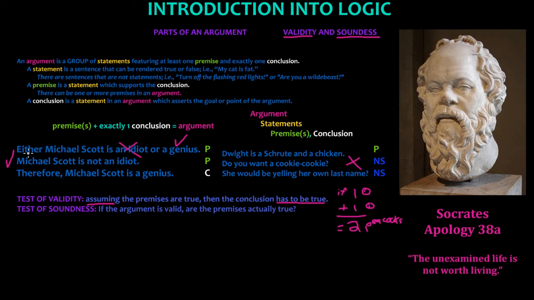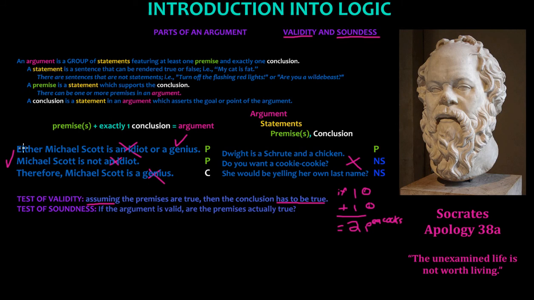So we're okay at this point. The second statement now says Michael Scott is not an idiot. Well, we actually know that he is an idiot. So this particular premise is not true. So the conclusion, therefore Michael Scott is a genius, well, that's now wrong.